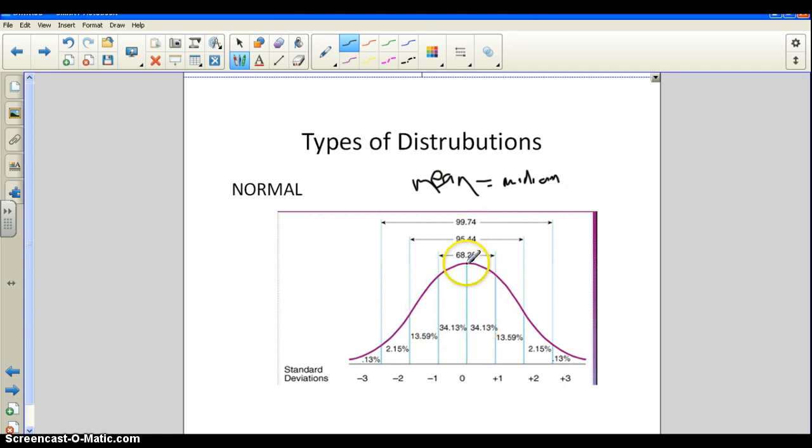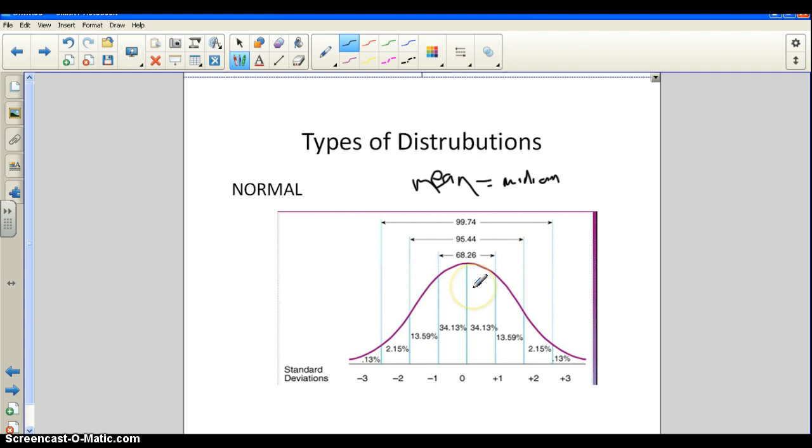about 68% of the data, or exactly 68.26% of the data, is within one standard deviation of the mean. So if you take the mean and subtract one standard deviation, that will cover 34% of the data. And if you add the standard deviation to the mean, that will cover another 34% of the data, for a total of 68%.